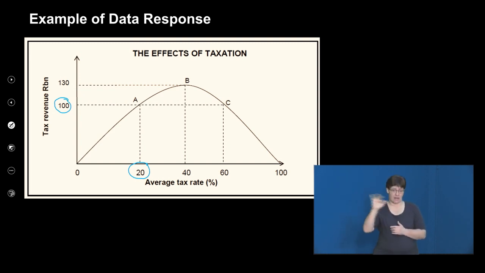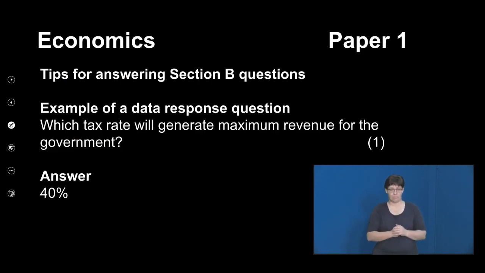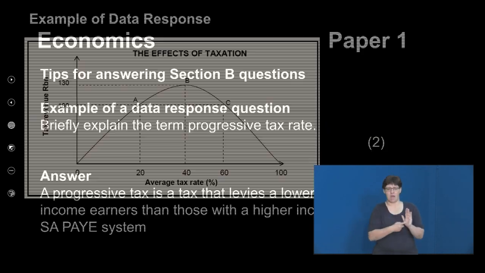At a tax rate of 40%, the government is able to generate tax revenue of 130 billion. And then again, when we move to a tax rate of 60%, the government will generate a tax revenue of 100. You see there is a decrease there. So our maximum there is at a tax rate of 40%. Now let's look at the answer. The answer is 40%. Again, typically, you can expect 1 mark for such a question.